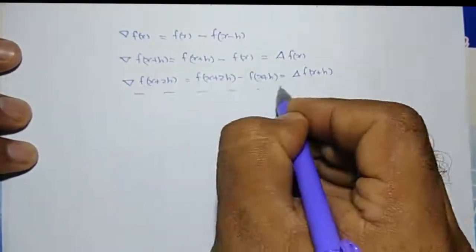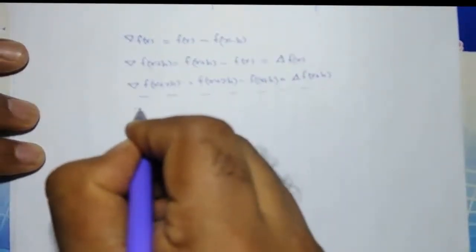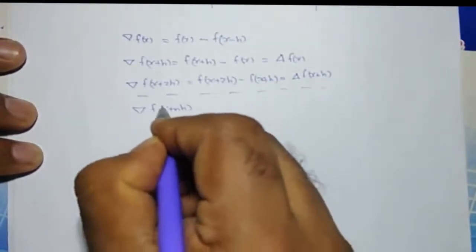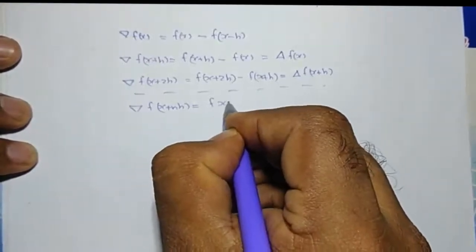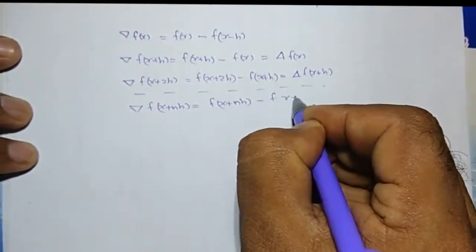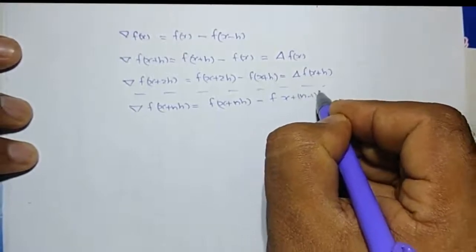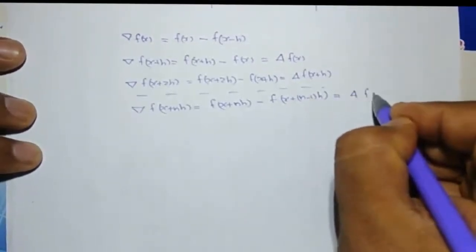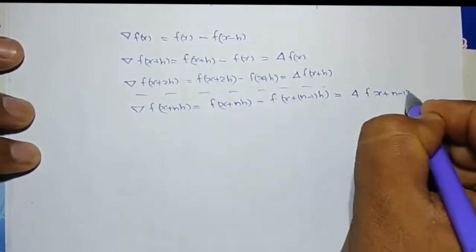Likewise, proceeding in this way, we can write nabla f of x plus nh equal to f of x plus nh minus f of x plus n minus 1 h, which is delta f of x plus n minus 1 h.